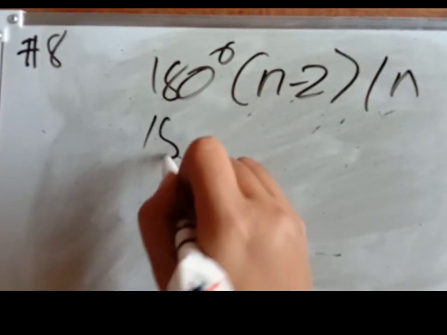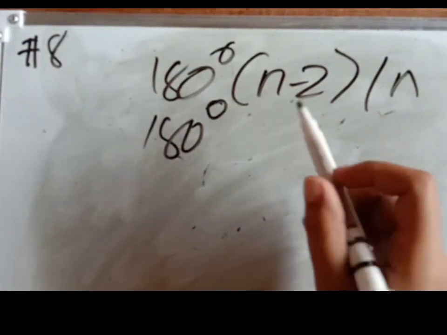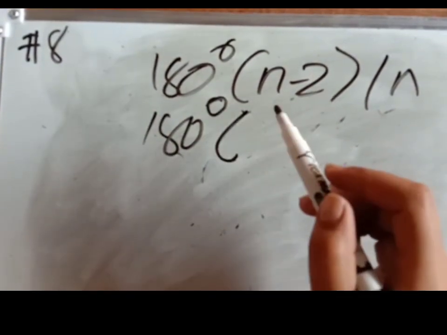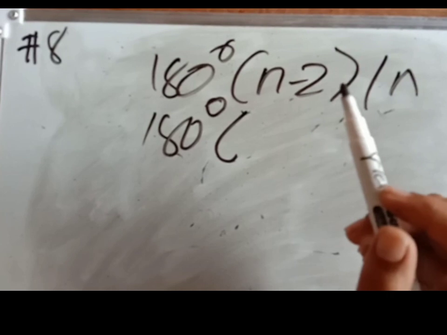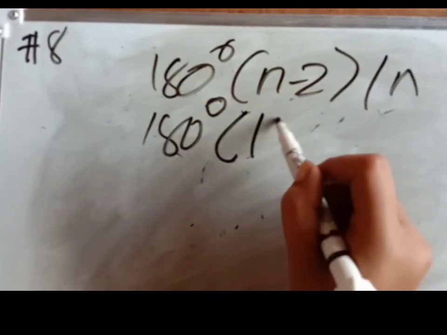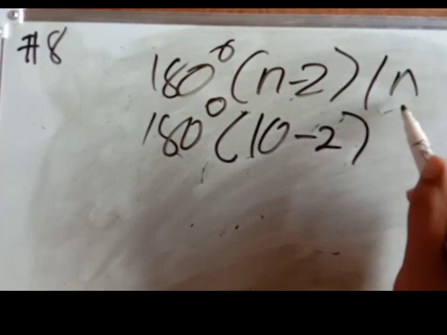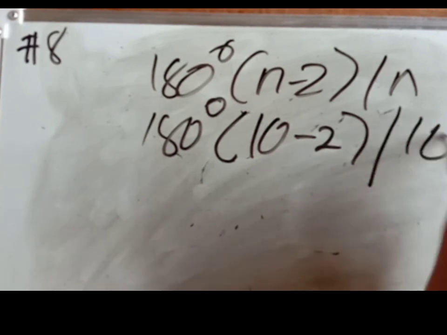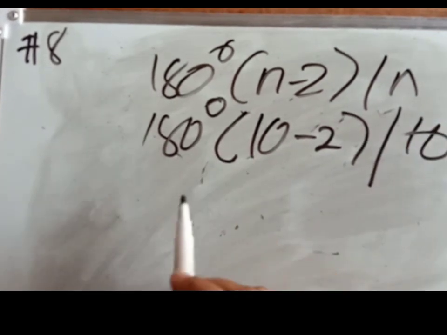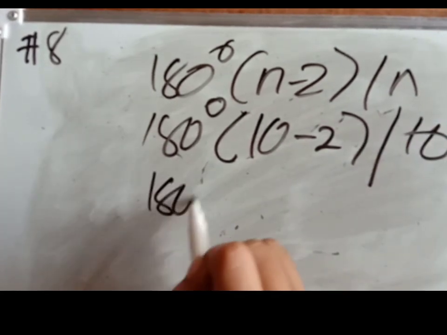So decagon has 10 sides. So our n here is 10, minus 2, divided by 10. So, let's copy 180 degrees.